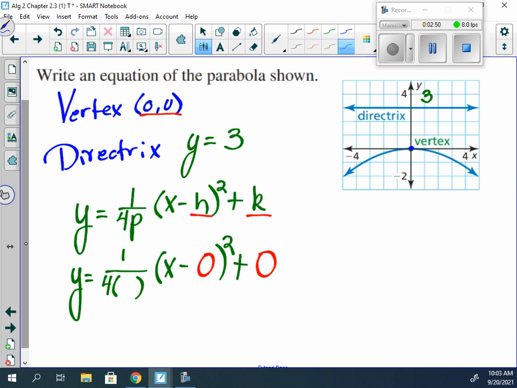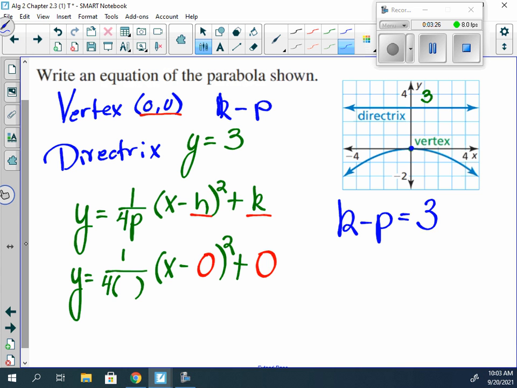Now, the directrix we have is y equals what? k minus p, yes? That's just by definition what the directrix is. The directrix is y equals k minus p. Well, what do we know about k minus p? Yeah, k minus p equals 3, because the directrix for this parabola is the line y equals 3.